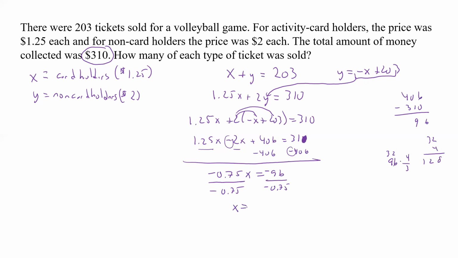So it looks like X is equal to 128 card holders. And if I take 203 minus 128, that should give me the number of these. That'll be 75 non-card holders.